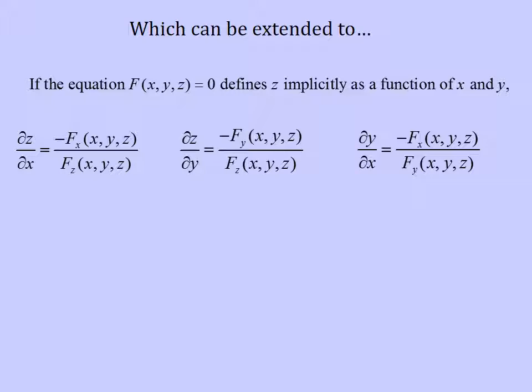Do you see the pattern? If we want the derivative of z with respect to x, we do the partial with respect to x on top, partial with respect to z on bottom, and give it a negative sign. Same pattern. Partial of z, partial of y, negative sign.